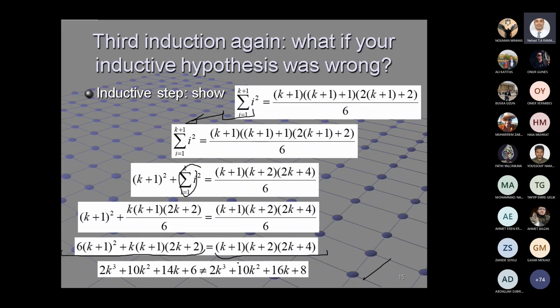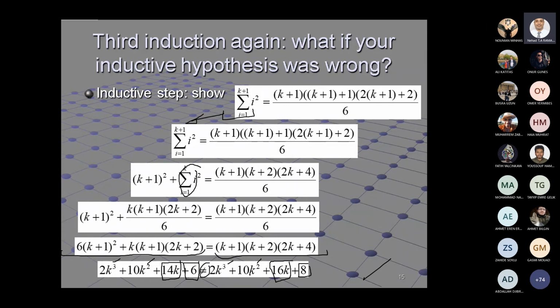When you calculate the left-hand side and right-hand side, you will see that the first term, second term, and third term are not the same. Fourth term, not the same. So they are not equivalent.